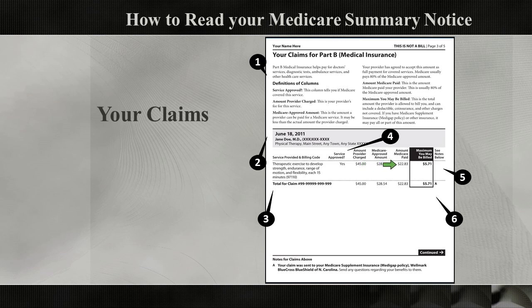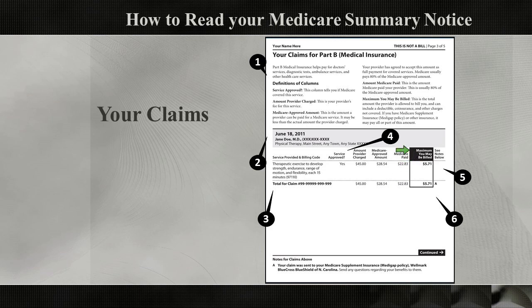Column 5 and 6 break down the number in column 4 into the 80% portion covered by Medicare and the 20% patient responsibility. So here, the fifth column lists the 80% of the Medicare approved amount in column 4, which in this case is $22.83. Now you will notice that column 6 looks a little different from the other ones.